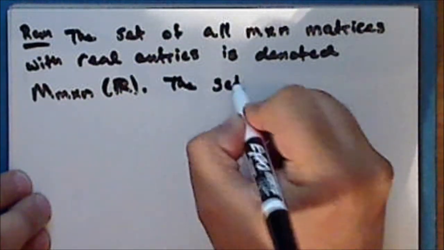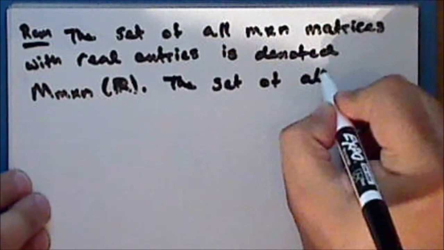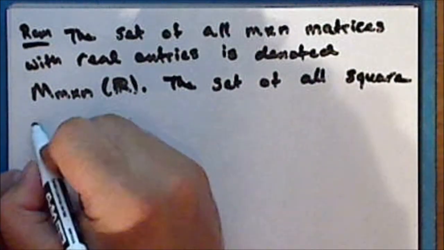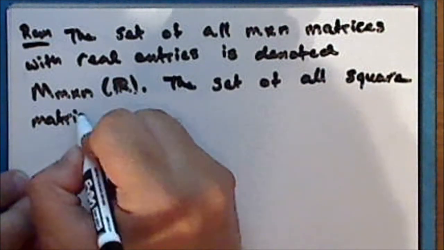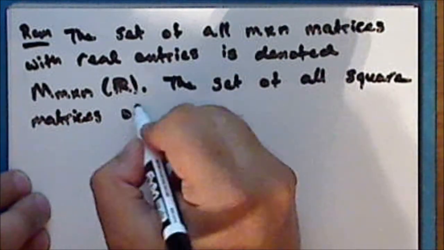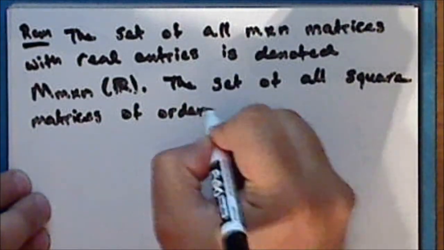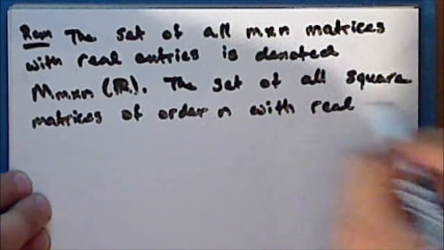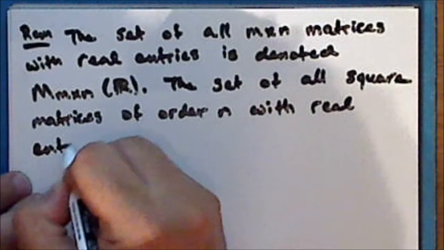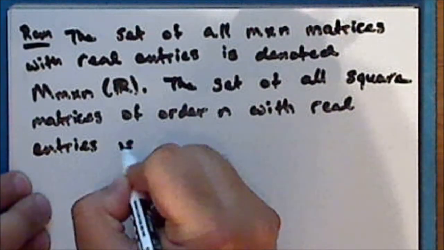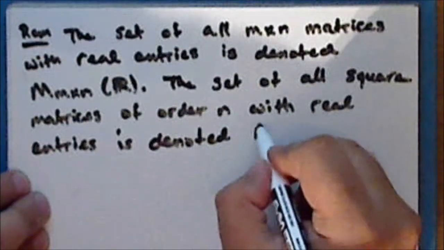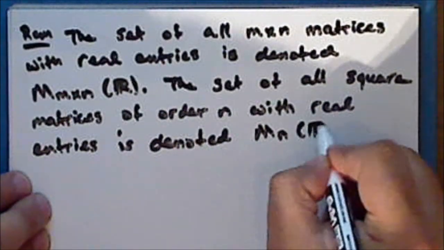And the set of all square matrices of order N with real entries is denoted this way.